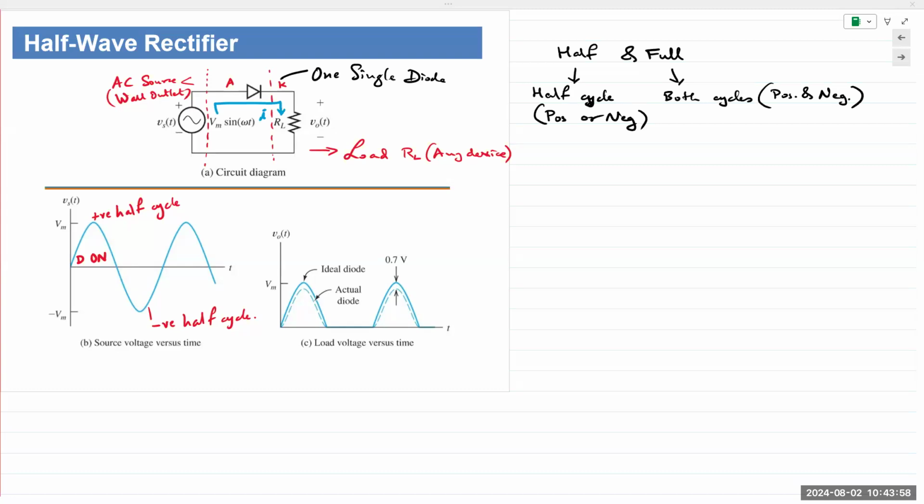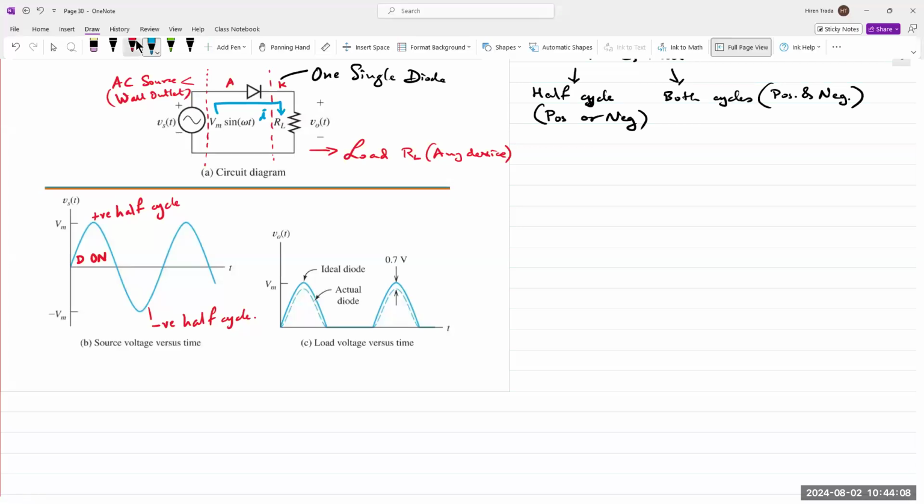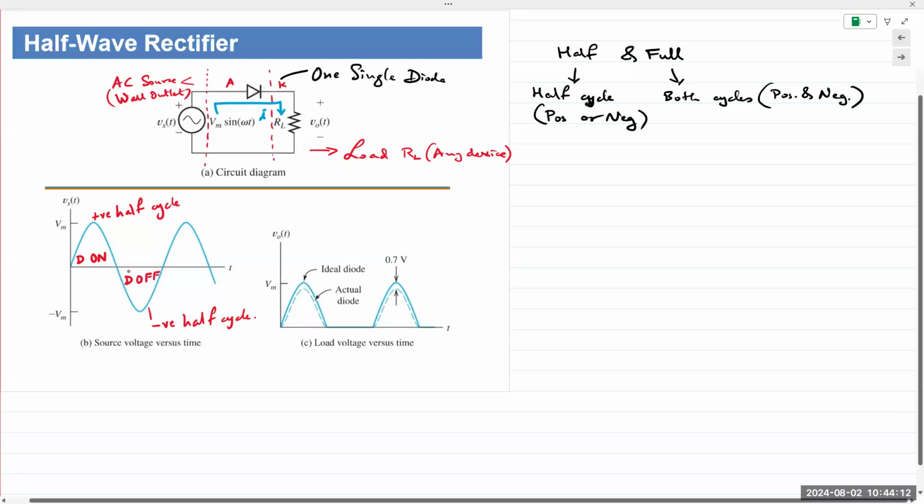In the negative half cycle, the exact opposite happens. The diode is off, because the AC voltage flips.